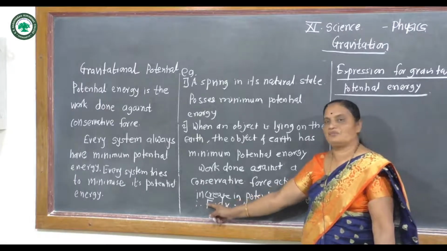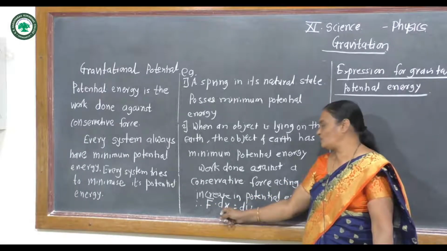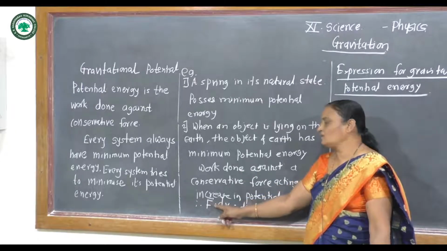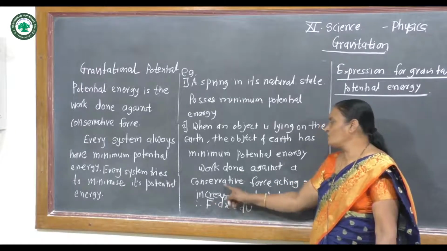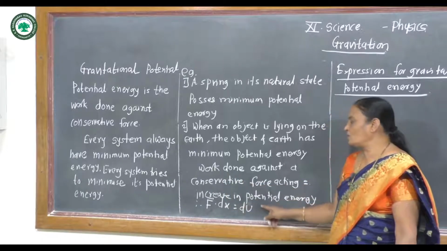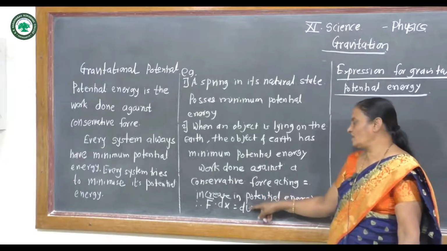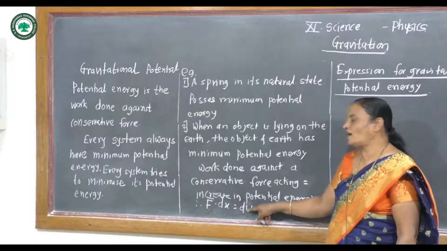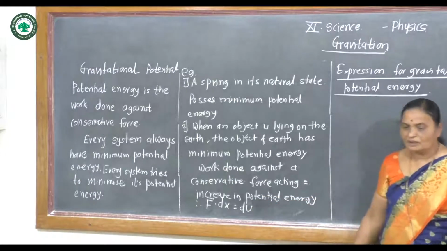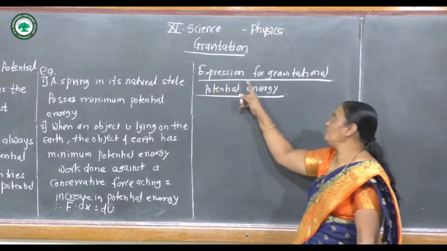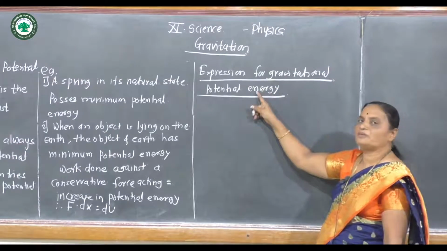Here F is the force, dx is the displacement, then work done is equal to F multiplied by dx, which is equal to the increase in potential energy. Increase in potential energy is denoted by dU. Here we find the expression for gravitational potential.